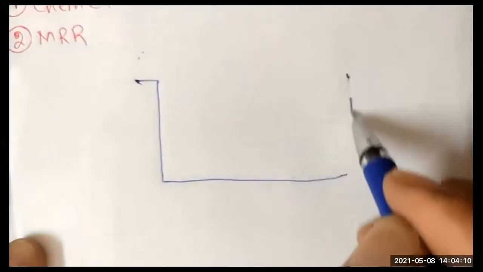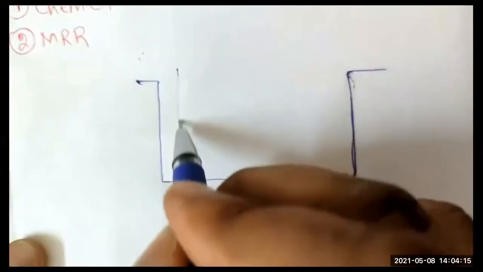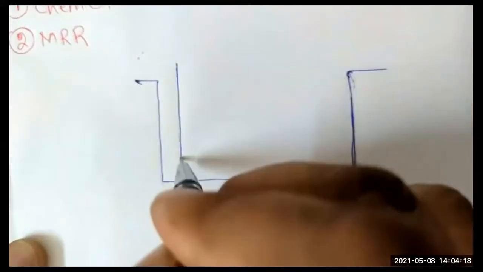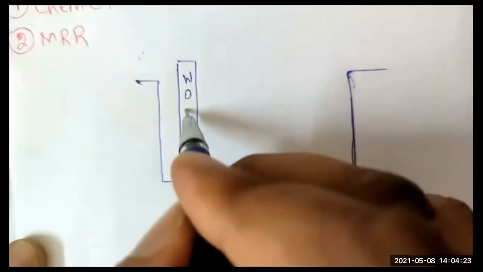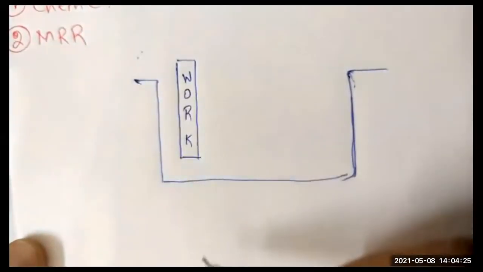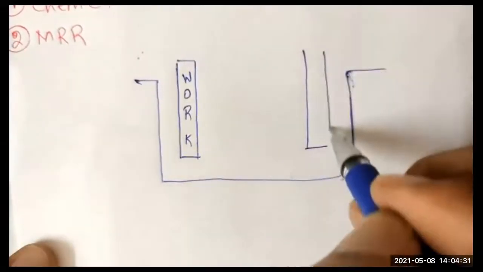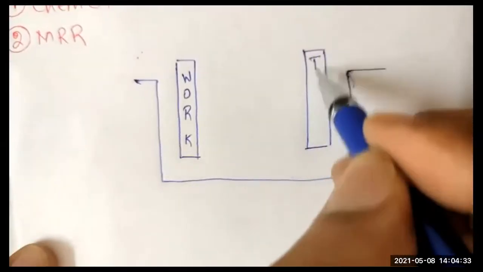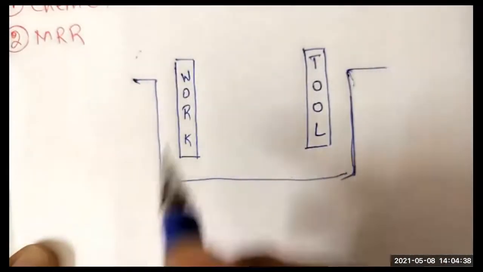as I have discussed, in case of ECM, we will have a container, and in this container we place an anode, which is nothing but the workpiece, and we also place a cathode, which is the tool.